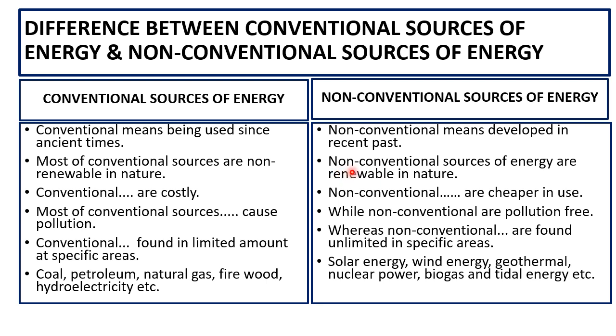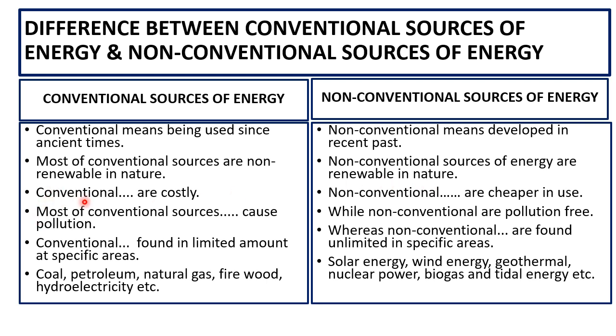But non-conventional sources of energy are renewable in nature, as they get recycled and regenerated very quickly. In whatever amount we use, they can't get exhausted, they get renewed easily, so they are renewable or non-exhaustible.